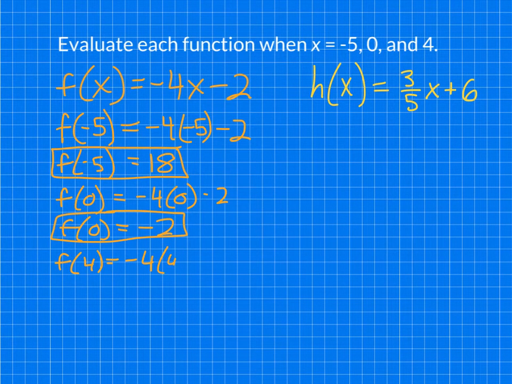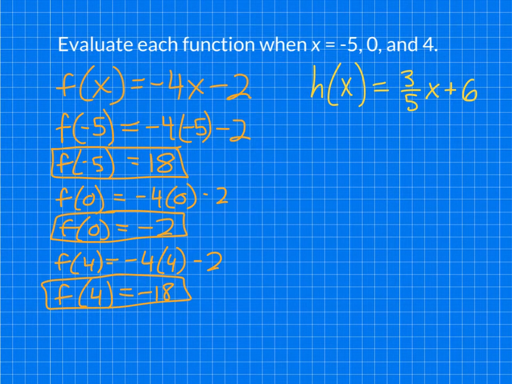Negative 4 times 4 minus 2, that's going to be negative 16 minus 2 is negative 18. So f of 4 equals negative 18. So this is really just a way of showing what the function is equal to for each input, right? F of negative 5 equals 18, f of 0 equals negative 2, f of 4 is negative 18.